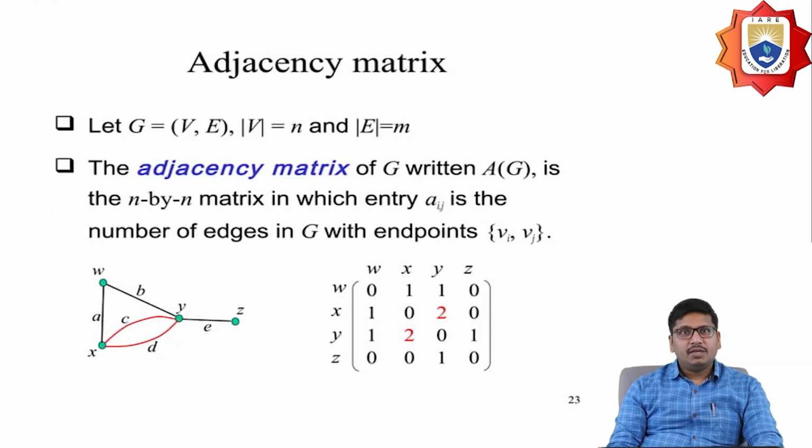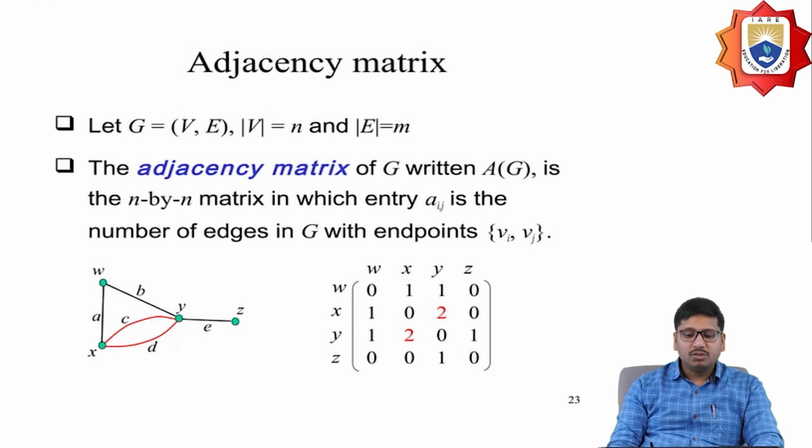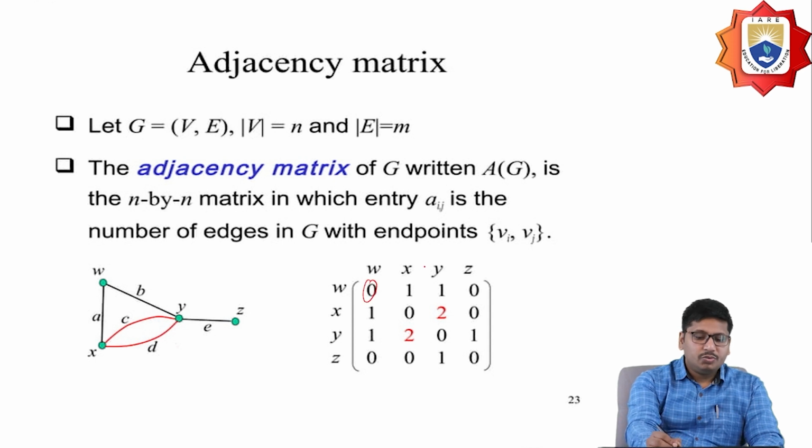So the adjacency matrix is a matrix of size n by n, filled with values 0 and 1 depending on whether there exists an edge between them, otherwise there is no edge between them. So for w to w it should be 0, and w to x it should be 1.